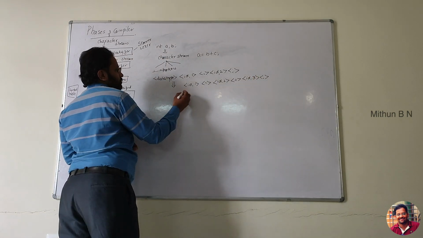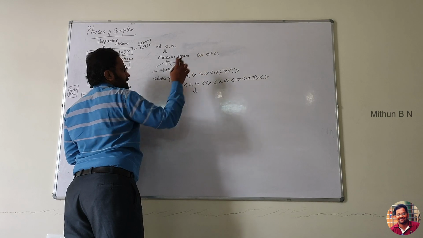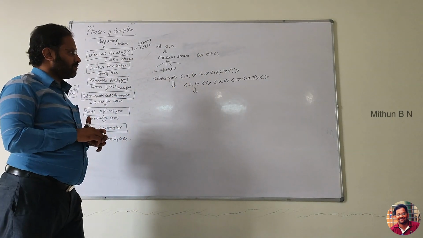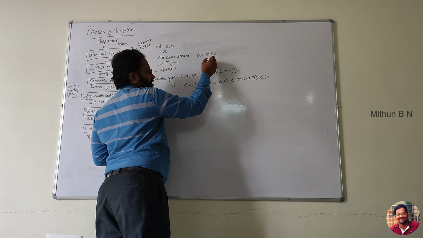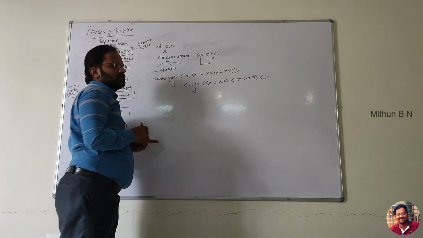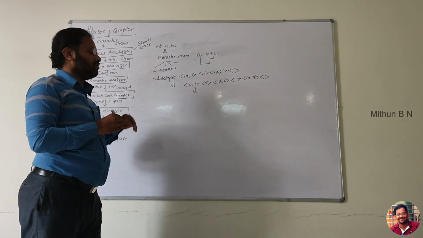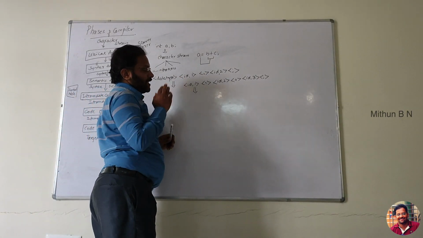You know b plus c is the first operation to be performed as per the precedence of operator. Whatever value we get, we assign it to the variable a.